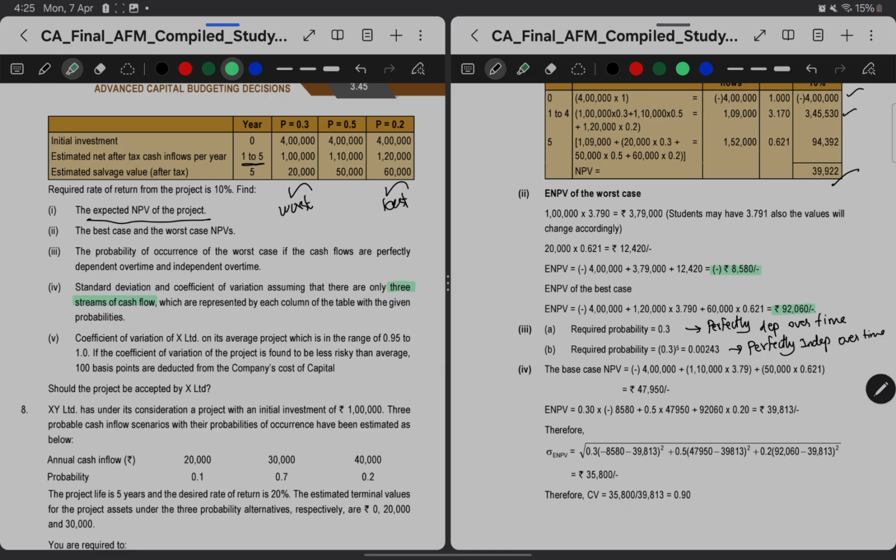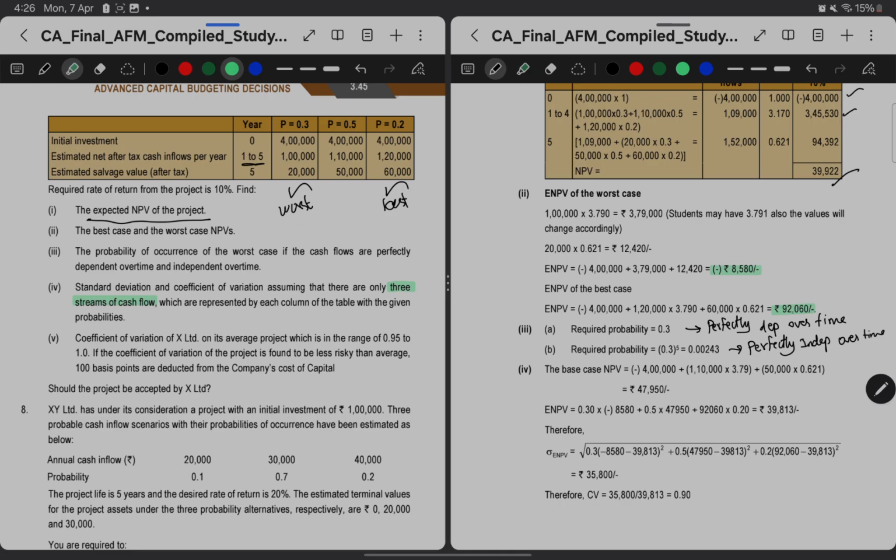By calculating the NPVs for the three scenarios. So the NPV of this 0.3 probability, which is the worst case, the most likely scenario of this 0.5, then the best case of this 0.2.